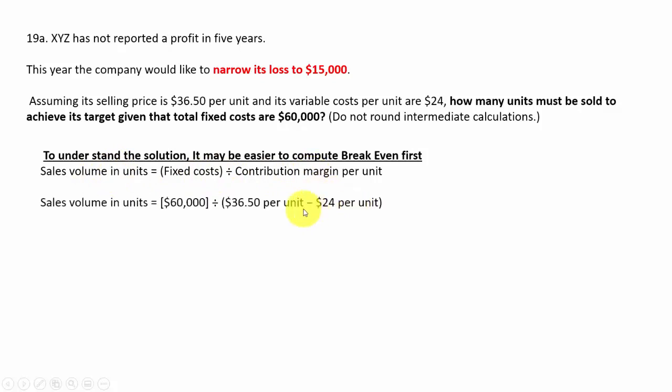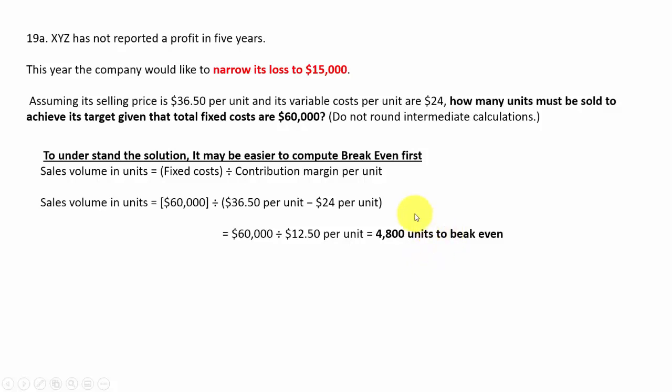In this case, you'd have fixed cost of $60,000 divided by the contribution margin, the selling price minus the variable cost, which gives you $12.50. You divide that into 60,000, and in order just to break even, not to make a profit and not to narrow your loss, you're going to have to sell 4,800 units to break even.